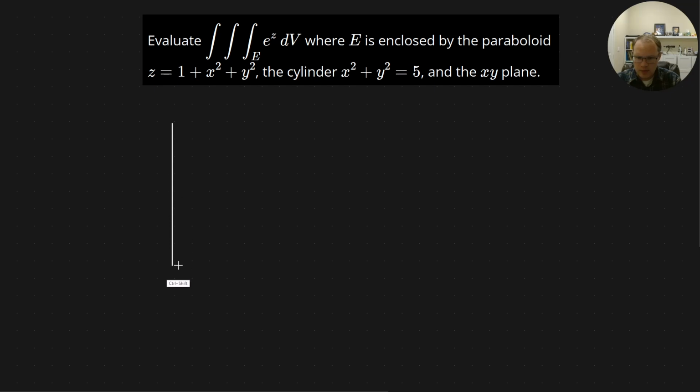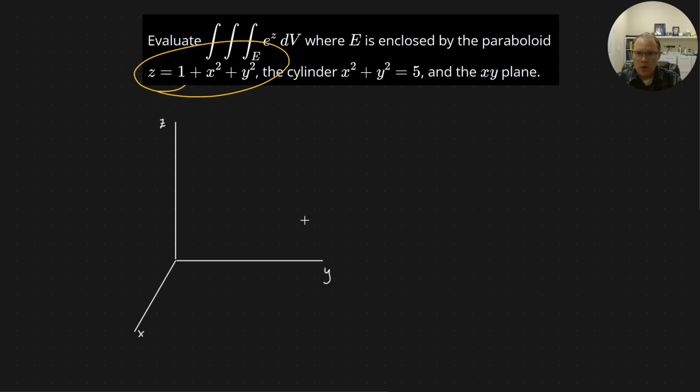Give myself enough room for this. Okay, so x, y, z. So our paraboloid, it's just our standard paraboloid, but it's shifted up 1 unit. Okay, so let's say that's 1 unit up.